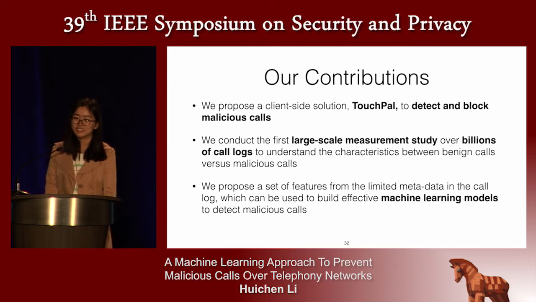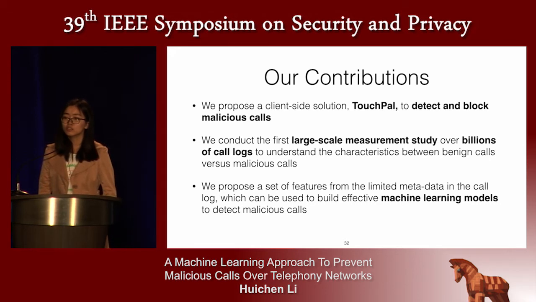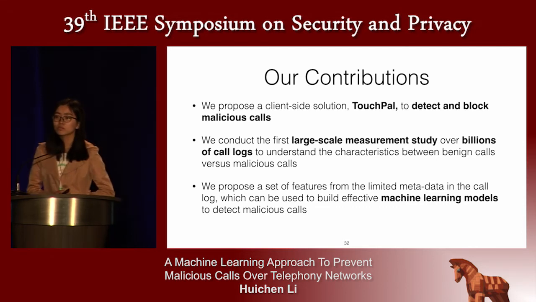My question has to do with the fact that, just because of how the phone system works, you can only really use features that are related to caller ID. And that means that unfortunately there's not much that you can do about caller ID spoofing. I'm wondering how you think that affected your results.